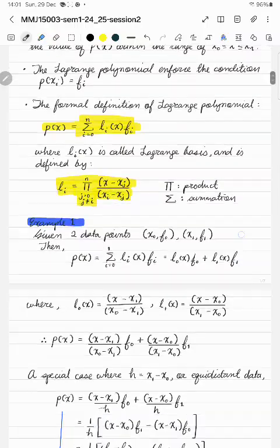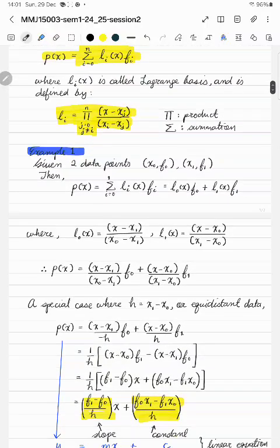Now the simplest example will be the 2 points data, which is just a linear approximation. So in this case, we start our i again from 0 and until 1, so we have that 2 data points. So x0, f0, x1, f1. So if you expand the summation, you have L0(x) multiplied by f0 plus L1(x) multiplied by f1.